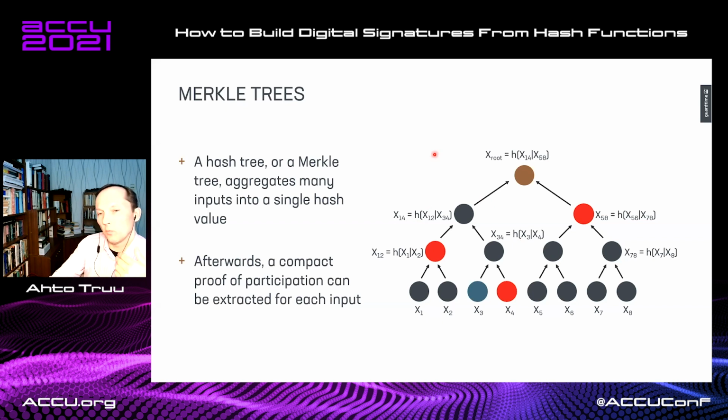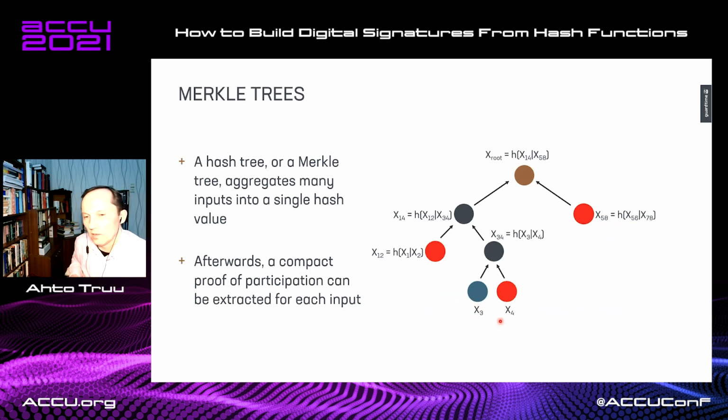And here now you have one hash value, and this one hash value indirectly represents all of the inputs. Because if you afterwards want to prove that one of the inputs was part of the set that was aggregated, you can show as your proof this path through the tree. So if I want to prove that x3 was part of the set that I aggregated into this one hash value, I can redo the computation steps.